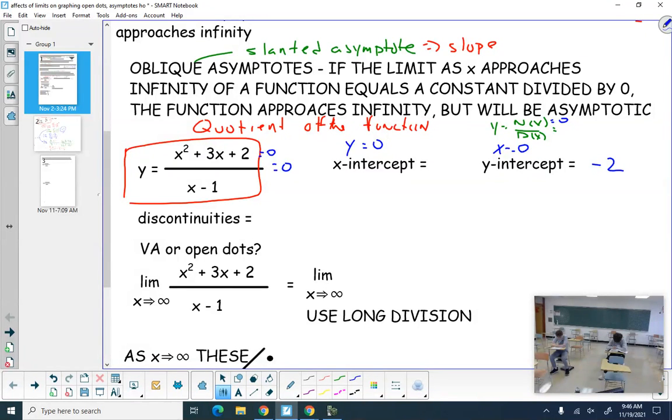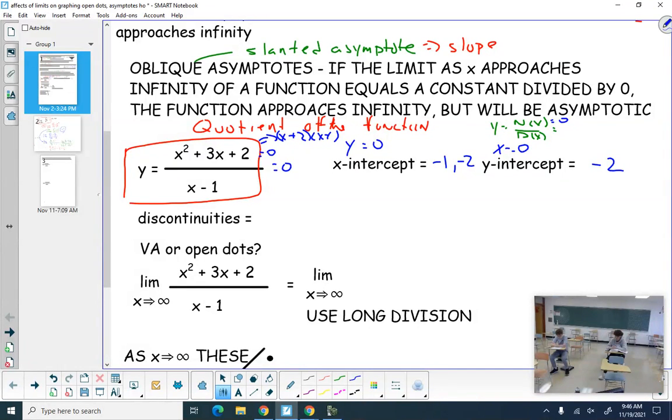What did you come up with? We have x plus 2 and x plus 1. So we have x-intercepts at negative 2 and negative 1.